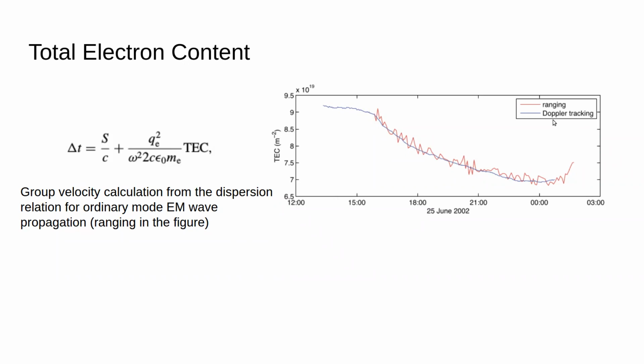At the time that this figure was made, I called it Doppler tracking, but now I call it apparent Doppler. And to compare, can you get total electron content off of this? I did fit it to the ranging data, which travels at group velocity, not phase velocity. And so you can see that relative to the change in total electron content, it does a relatively good job.